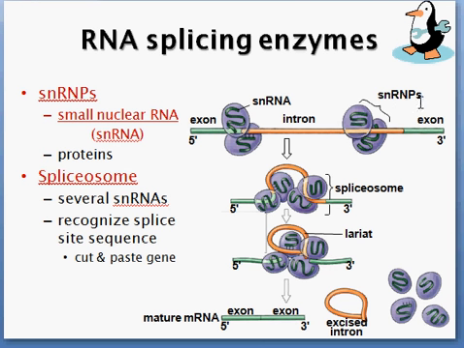And these are called small nuclear ribonucleoproteins because they are not only the snRNA, but there are other proteins involved in this little complex that's made here. So these snurps then come together and help make up the spliceosome.